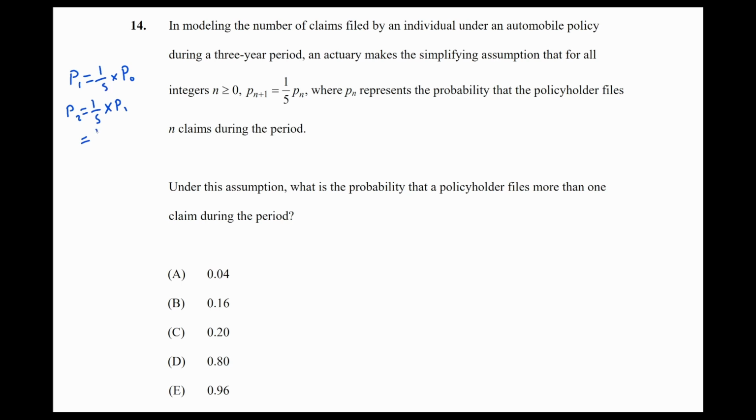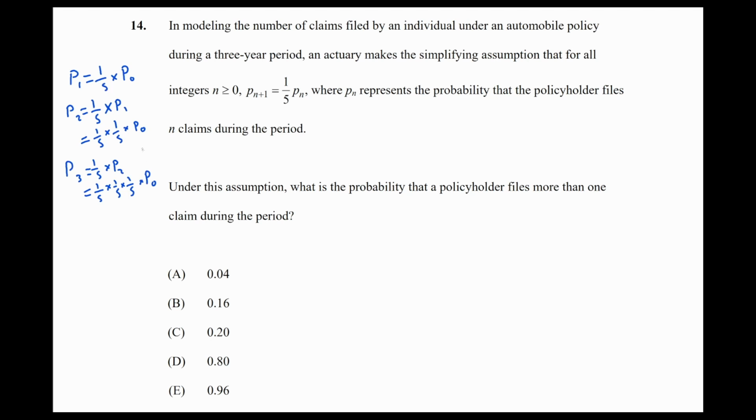And so that would equal 1 over 5 times 1 over 5 times P0. Okay, now let's do P3. So that'll be 1 over 5 times P2. And if we substitute for P2, it'll be 1 over 5 times 1 over 5 times 1 over 5 times P0. So you kind of get the gist of it.